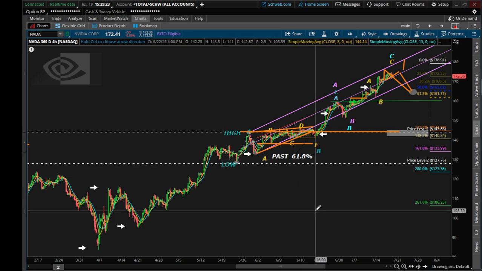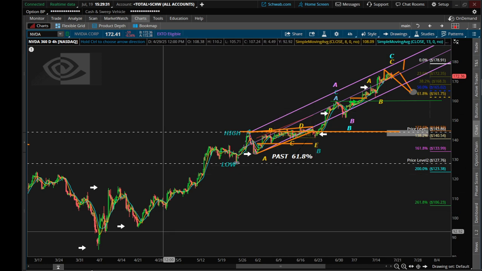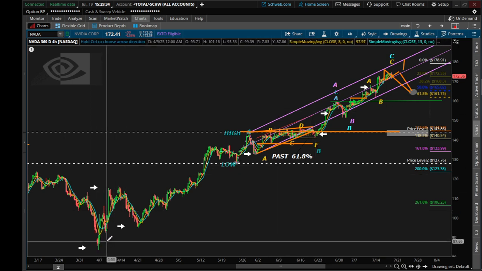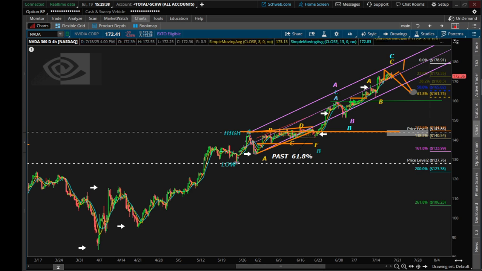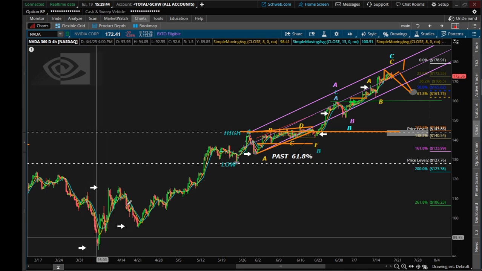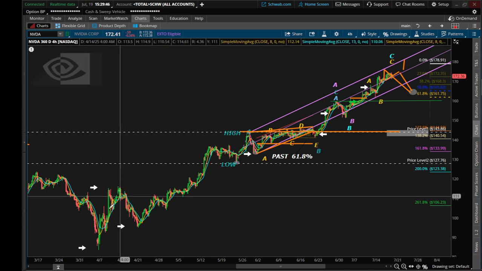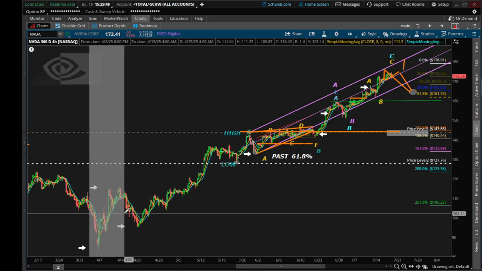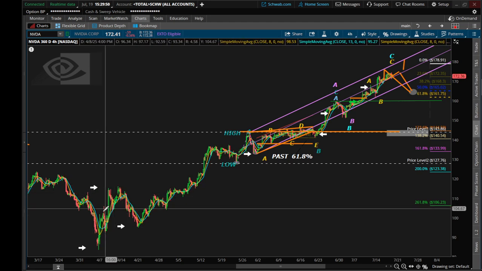Now we are coming to a top, so I'm trying to pinpoint that as accurately as possible. To do that, I need to zoom out to the beginning of the wave. Let's measure this first swing here. This is going to be our first A wave on a bigger degree.